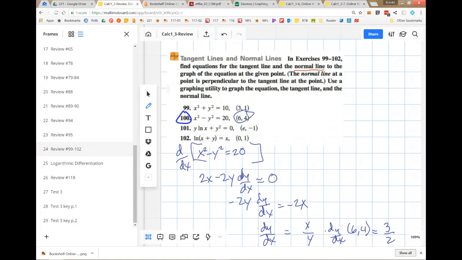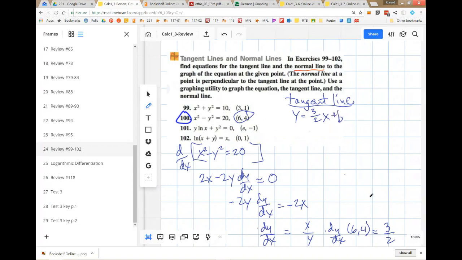All right, so now when you're doing the tangent line, we just found the slope, right? So we know it's y equals 3/2 x plus b. The slope of the tangent line is gotten by taking the derivative.